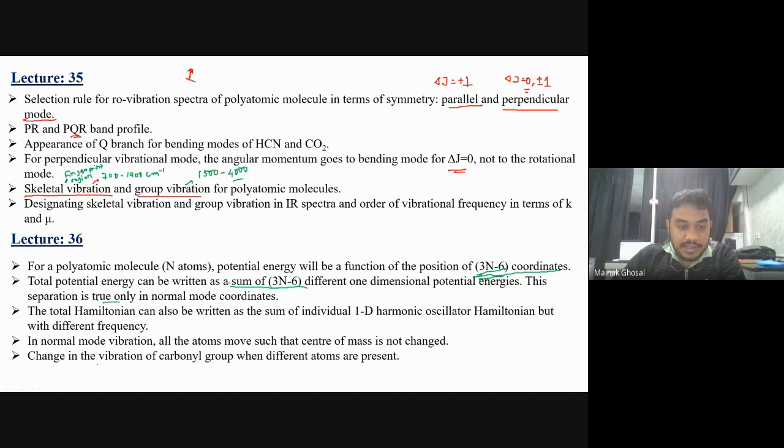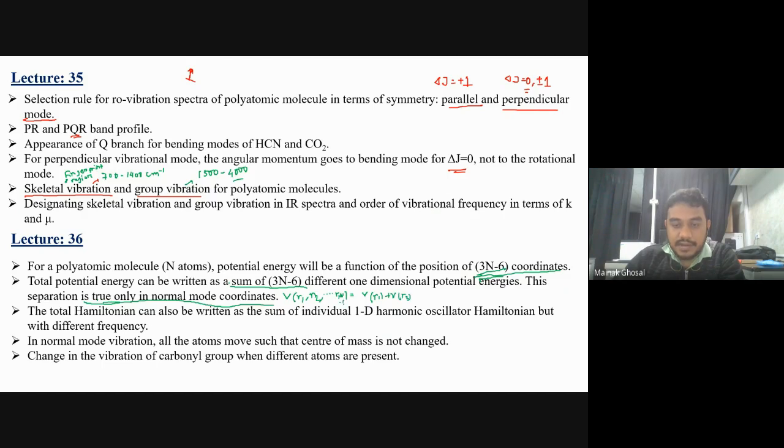Since we are only discussing the normal mode coordinates, this is possible. So I can write this total V, which is a function of R1, R2, up to R 3n minus 6, approximately as V of R1 plus V of R2, and so on, plus V of R 3n minus 6.